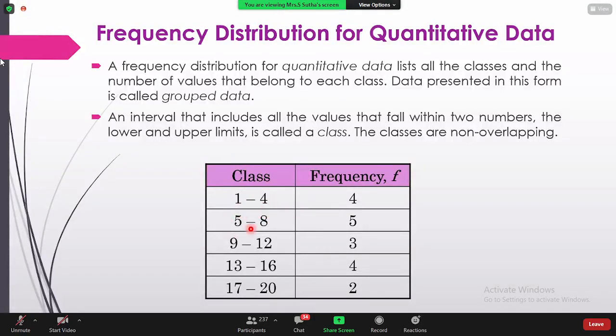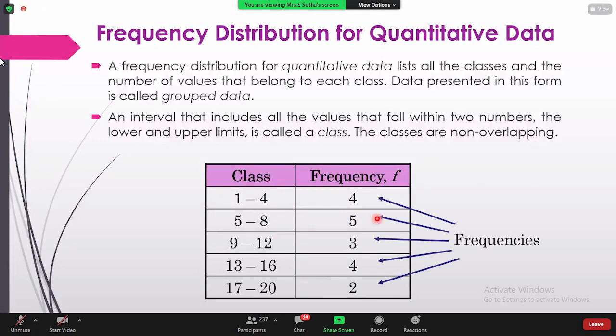This class includes only the numbers from 5 to 8. So one number cannot fall in two classes. So these classes are non-overlapping classes.